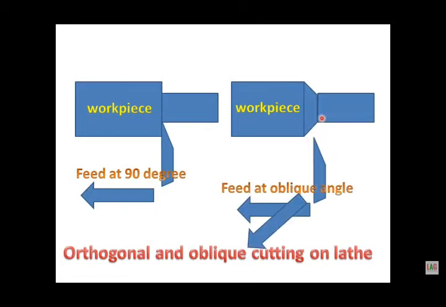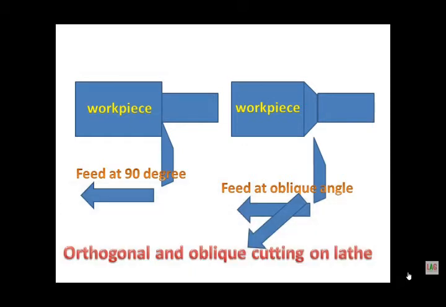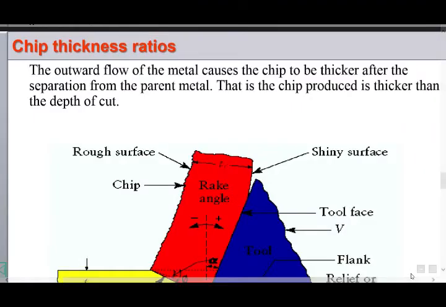Feed at an angle less than 90 degrees is called feed at oblique. So in this figure you can easily identify the difference: here the feed is at 90 degrees, and here the feed is at an oblique angle less than 90 degrees. This is the major difference between orthogonal cutting and oblique cutting.